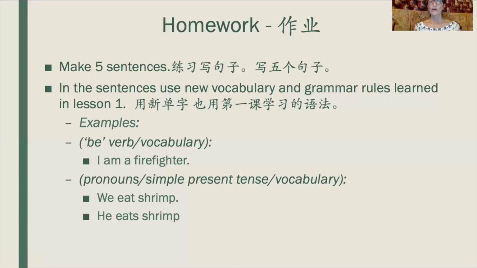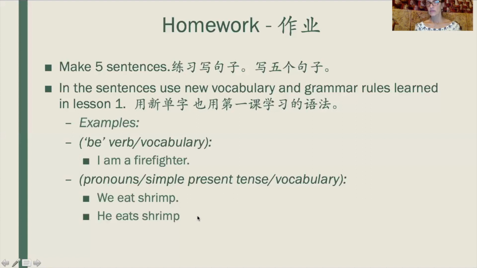Okay, and that would be one of the grammar rules, and you might try to find the firefighter cries, something like that. So here's another example of using a pronoun, working with pronouns, simple present tense, and some new vocabulary. We eat shrimp, he eats shrimp.